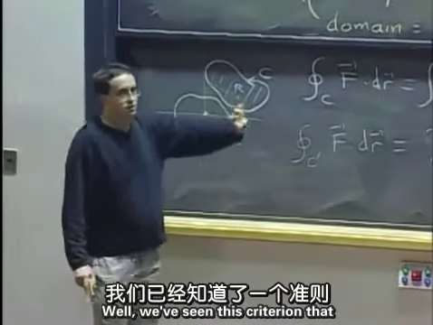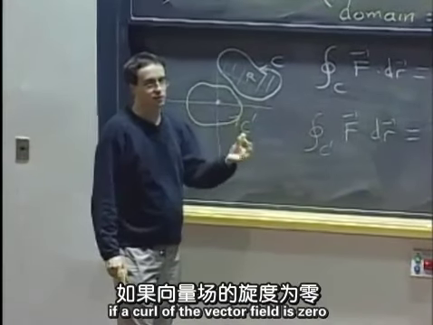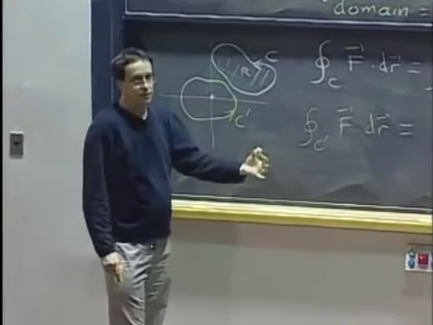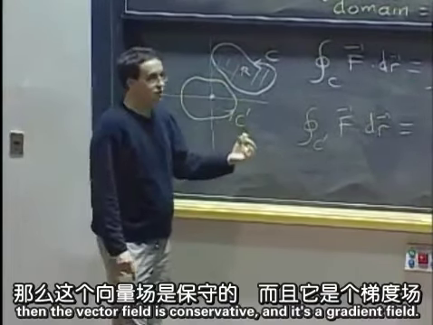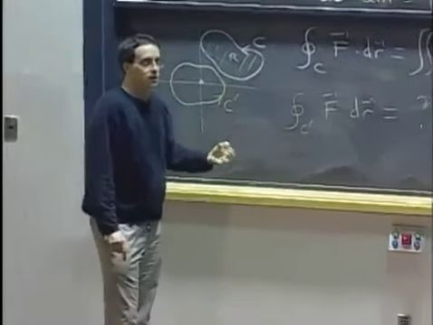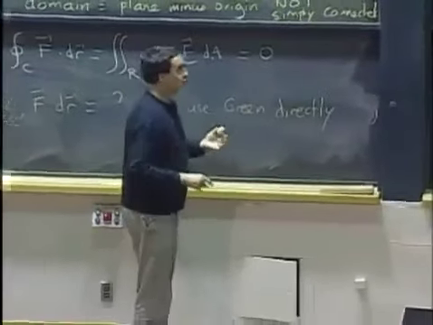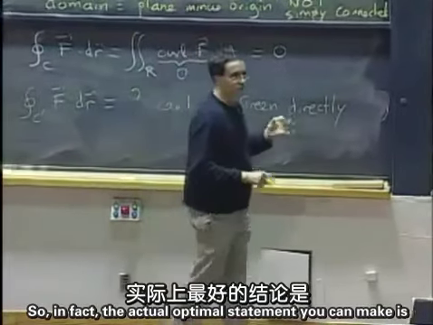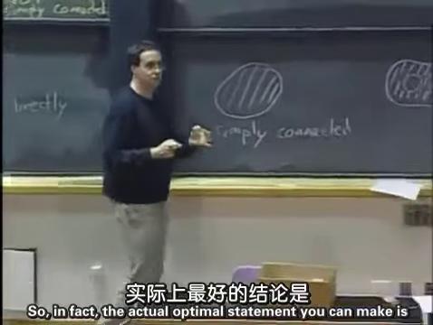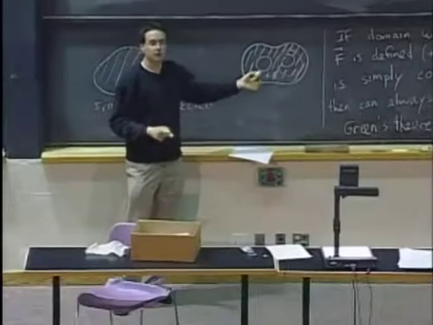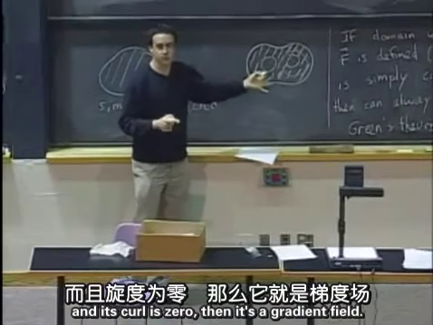Well, we've seen this criterion that if the curl of a vector field is 0, and it's defined in the entire plane, then the vector field is conservative and it's a gradient field. And the argument to prove that is precisely to use Green's theorem. So in fact, the actual optimal statement you can make is if a vector field is defined in a simply connected region and its curl is 0, then it's a gradient field.